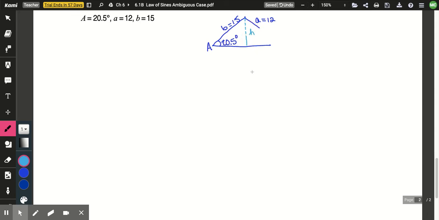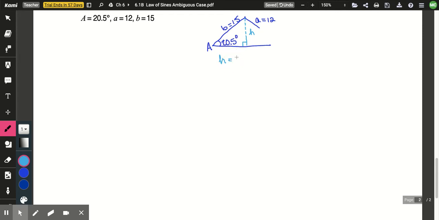So once again, the height of the triangle is found using right triangle trigonometry. If I turn this into a little right triangle there, the side that I'm given is the hypotenuse of that triangle, and the side that I'm looking for, the height, would be opposite that angle. So that would be a sine, opposite and hypotenuse.